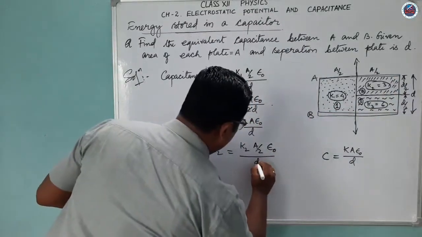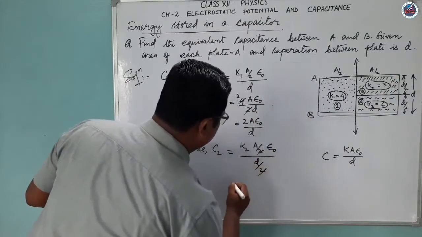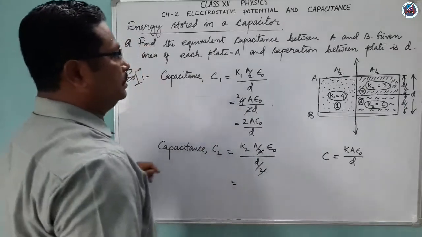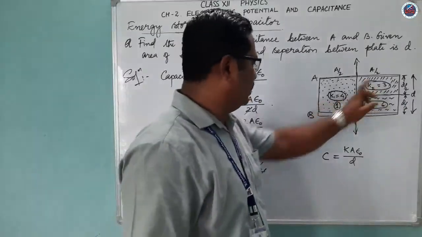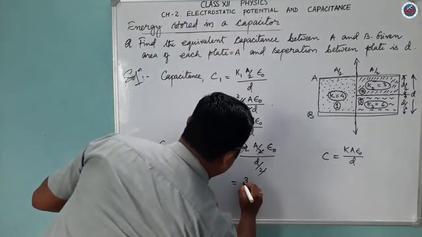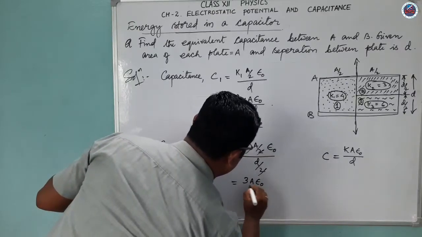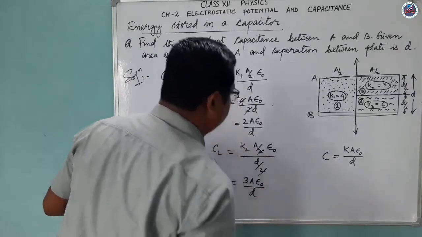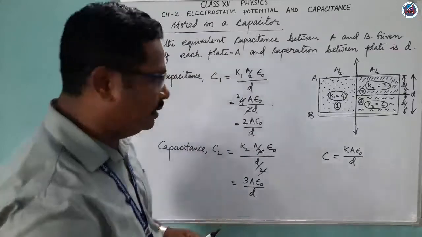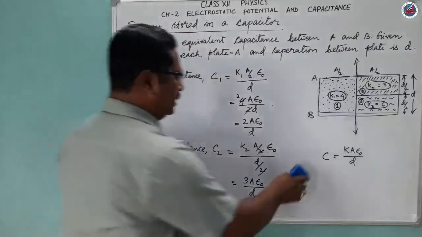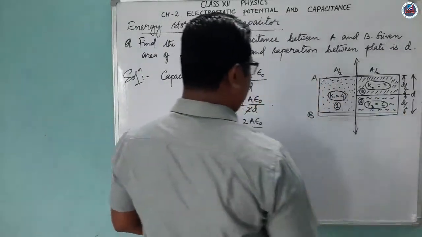So I'll write D by 2. This 2 you can cancel out. K2 you have 3. So it is 3A epsilon naught divided by D. Like that, you can find out the capacitance of the third region.